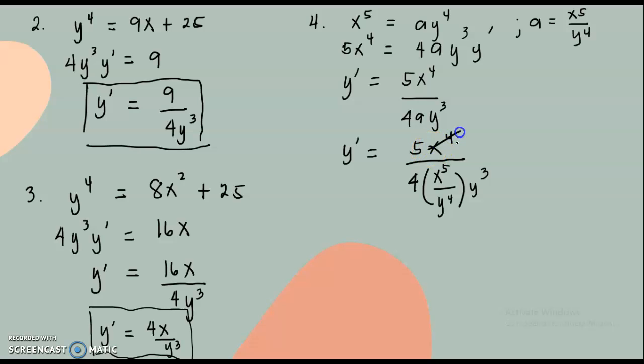Okay, therefore this one, x to the fourth, x to the fifth, then y cubed, y to the fourth. Okay, reciprocal, your y prime is equal to 5y over 4x.